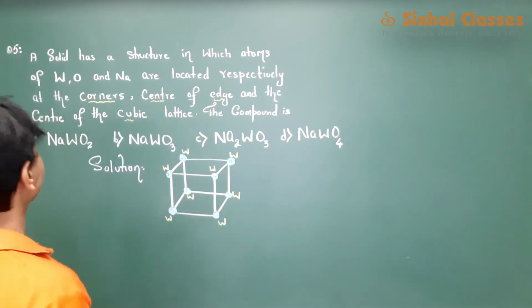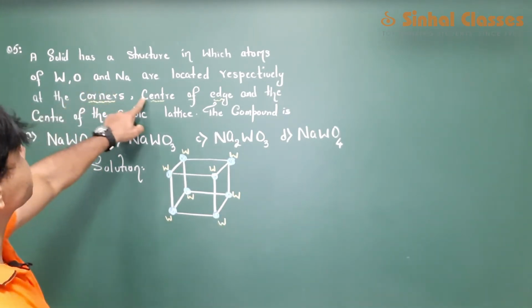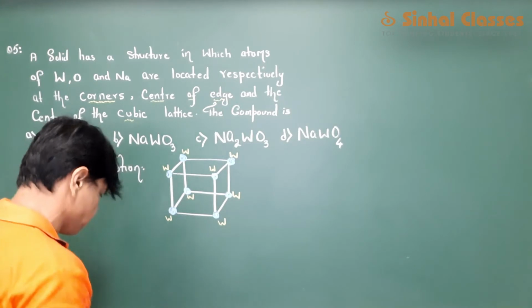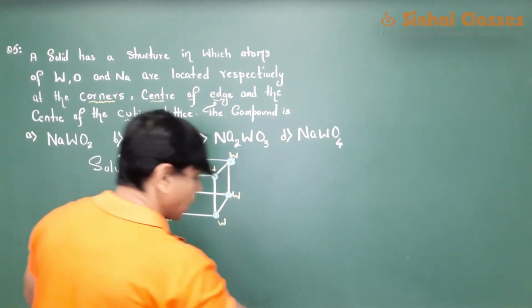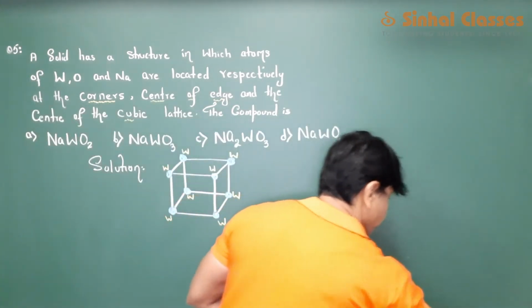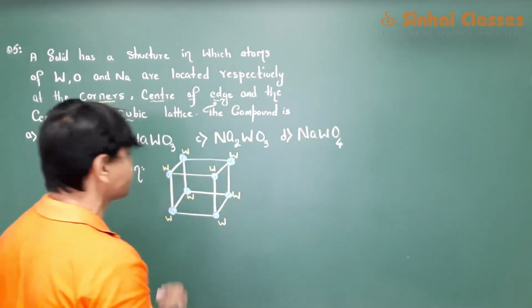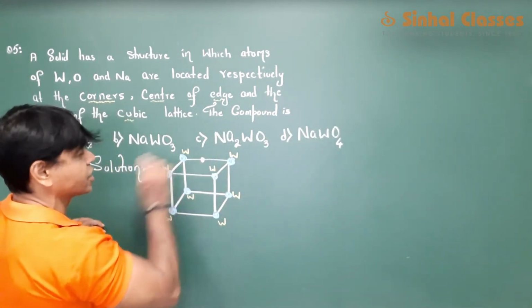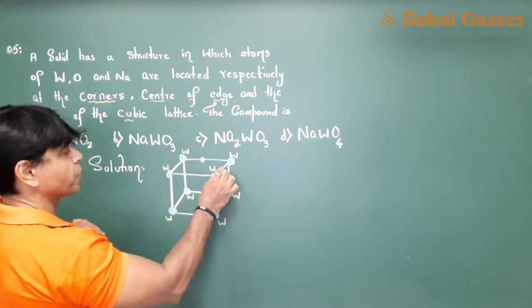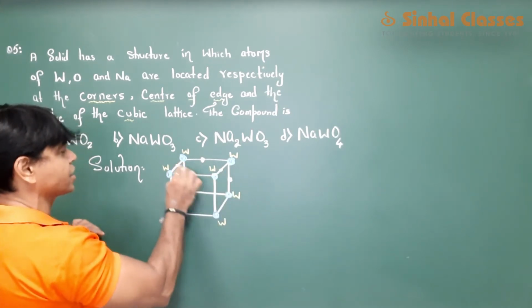Okay, then oxygen is present at the center of the edges. Now tell me, total how many edges are there? There are total 12 edges. The center of the edges, oxygen is present on the center of the edges.